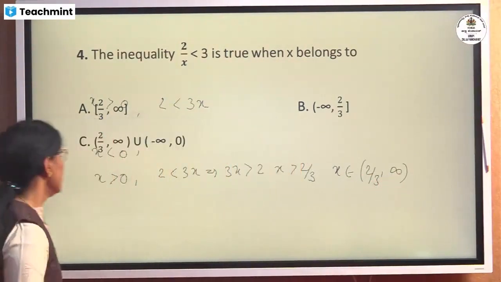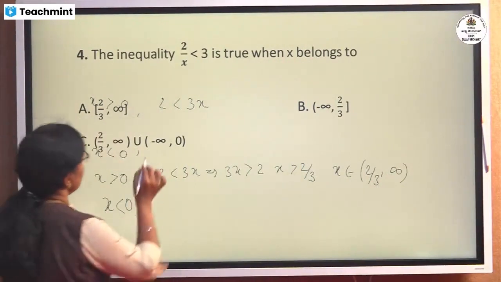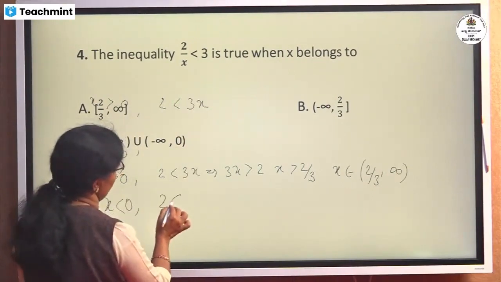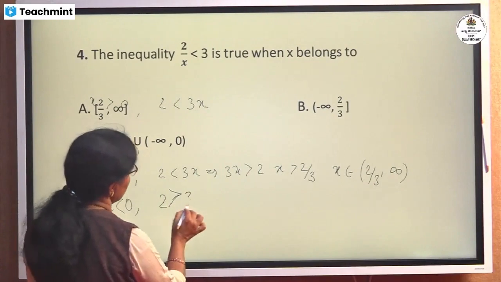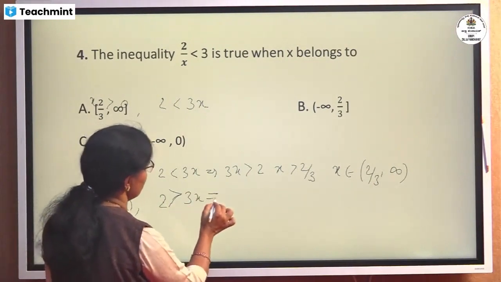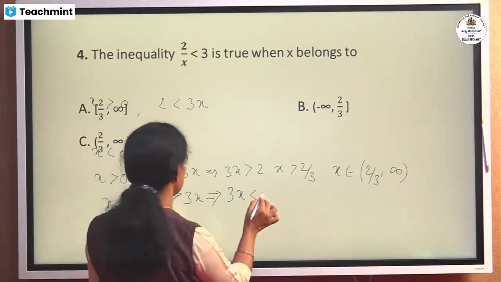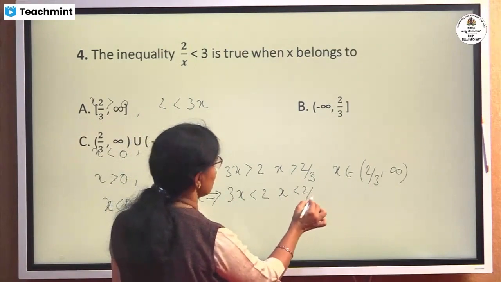If x is lesser than 0, what does it become? You know that if it is a negative number, you have to reverse the inequality. That is lesser than becomes here greater than 3x, which implies 3x is lesser than 2, which will give you x is lesser than 2 by 3.